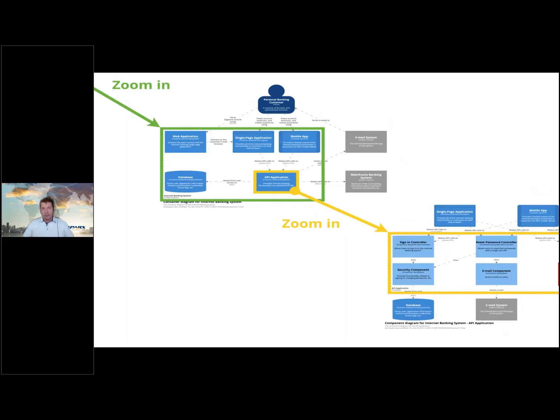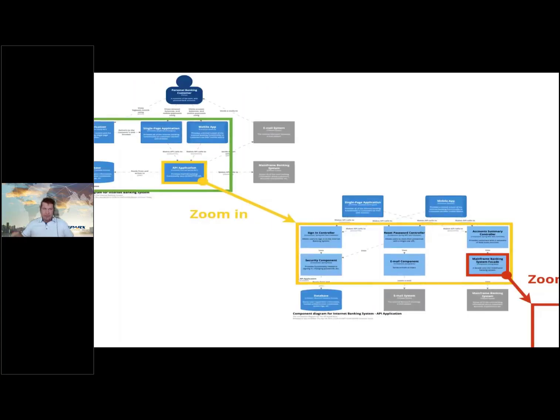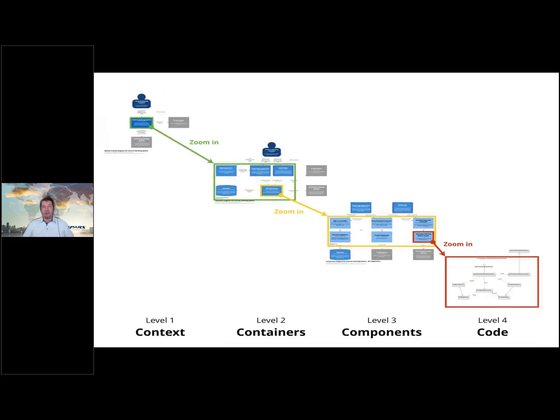And then you use the same method of decomposition and keeping track with the external entities as you go down to the lower levels of abstractions, okay? The small number of concepts and types of diagrams, that's what the C4 model makes easy to understand and use. And in my humble opinion, that's the reason why people love a C4 model, including myself. I'm a big fan, by the way.